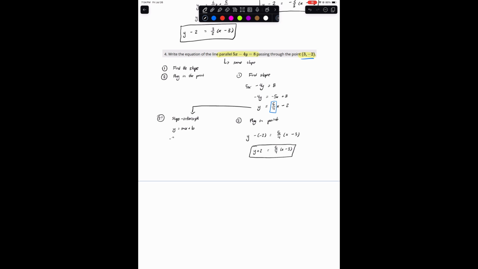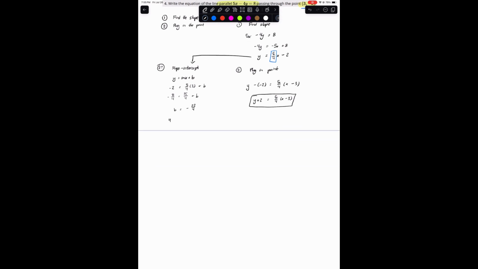So negative 2 equals 5/4 times 3 plus b. So negative 8/4 equals 15/4 plus b. So b equals negative 23/4.